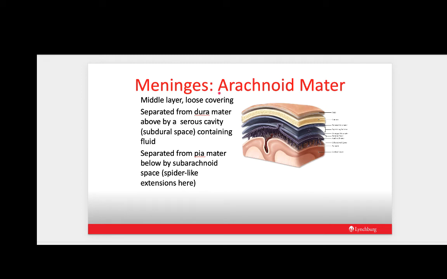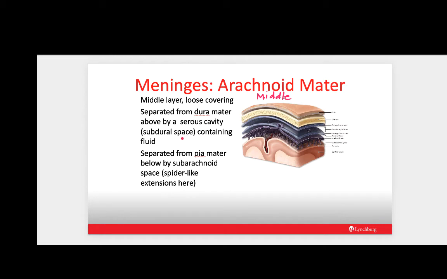Our second layer, the arachnoid mater, is going to be our middle layer. Okay, and this is more of a loose covering. It's not quite as thick and dense as the dura mater, but it does cover the brain.